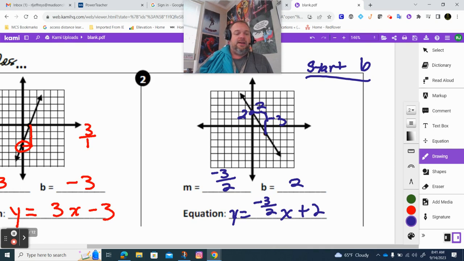And start there. Because remember, if you remember our rules from yesterday, we always run which direction? Yeah, the top number is up or down. The bottom number of the slope tells us how far to go to the right. Run forward. Well, unless you're moonwalking very fast, then you can do something different.